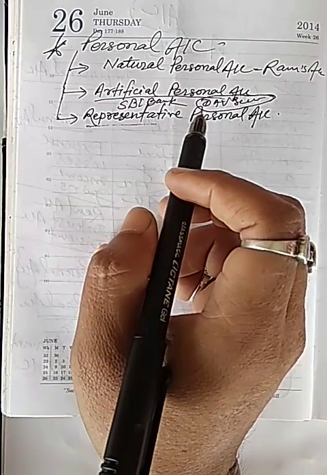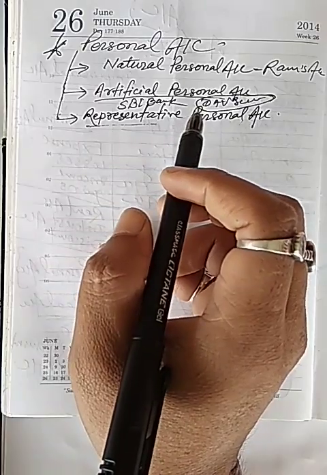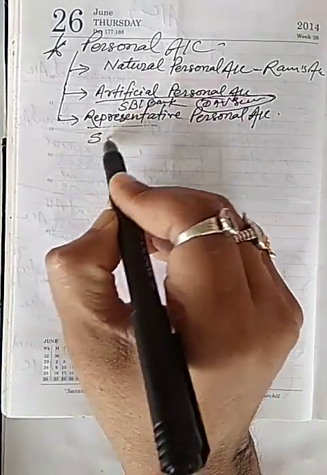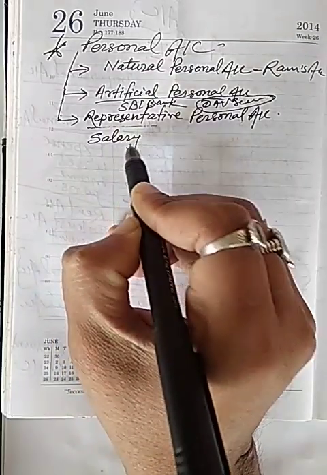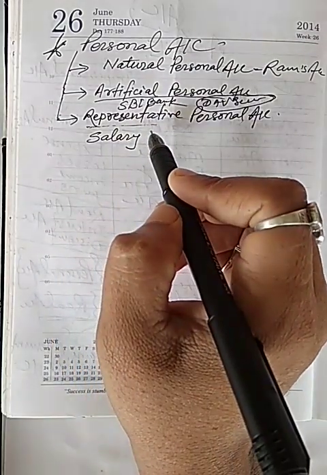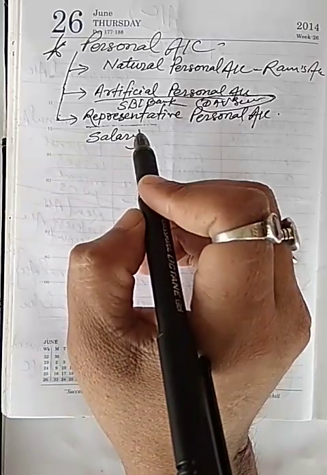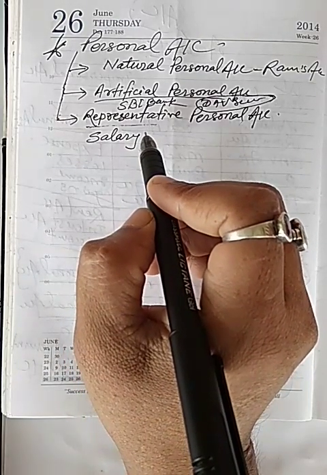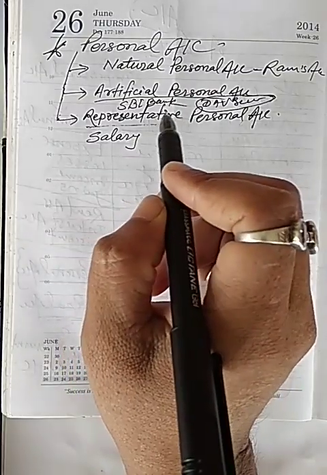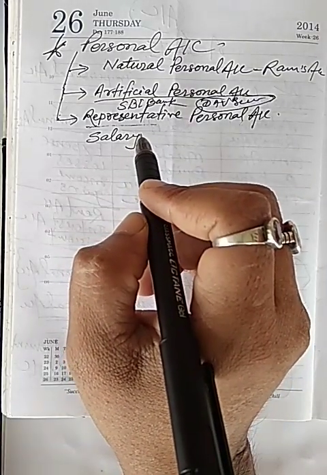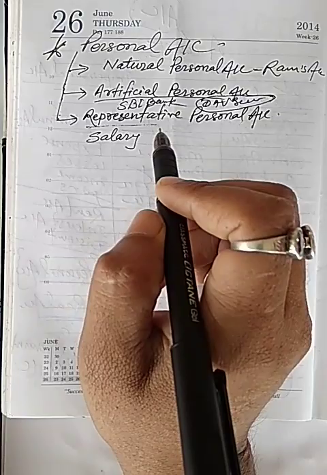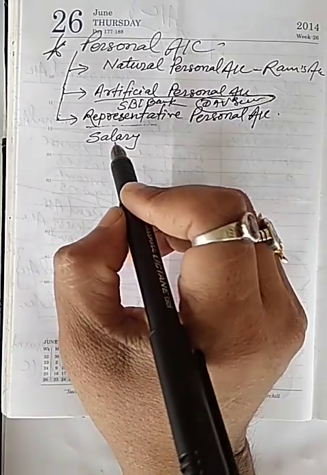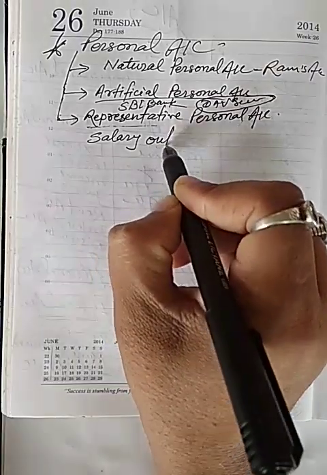For example, if salary for the month of December is not paid to employees, the amount payable to these employees will be added and put under one common title, salary outstanding.